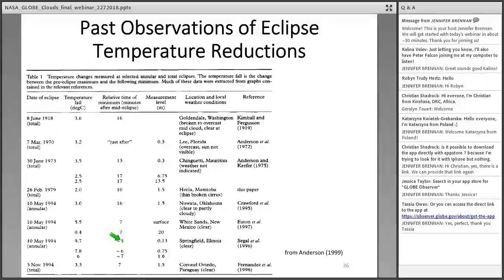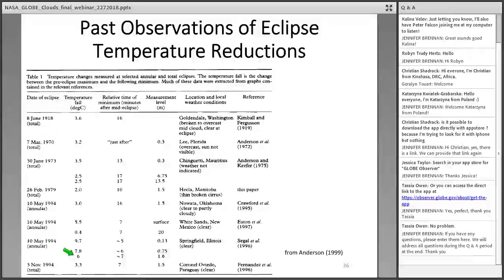Keep in mind that these temperatures are given in degrees Celsius instead of Fahrenheit, as scientists tend to use.